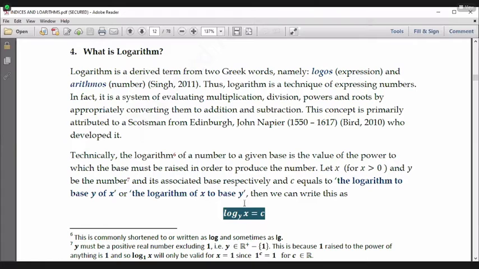The power, the index to which you raise the base, this is what we are saying. Technically, the logarithm of a number to a given base is the value of the power to which the base must be raised in order to produce the number.